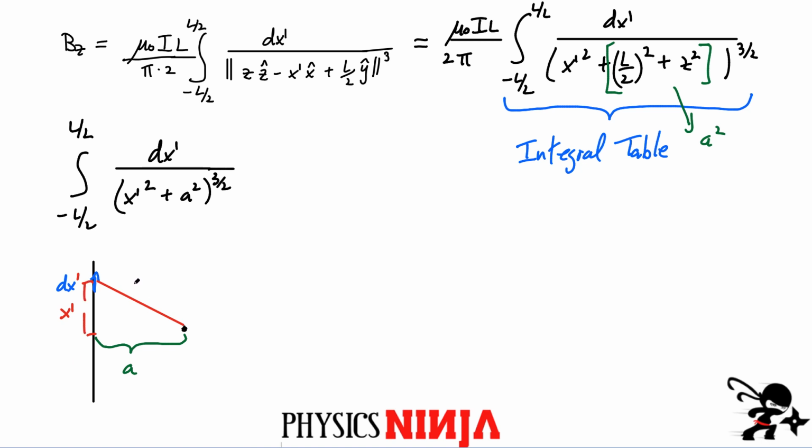That means this guy over here has a length of the square root of x prime squared plus a squared. The easiest way to solve an integral like this is to do trig substitution.